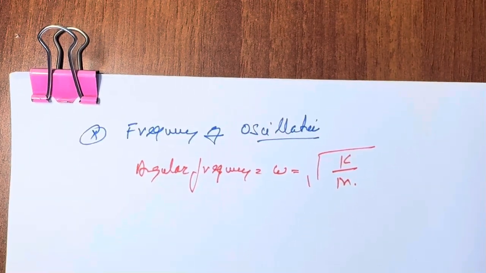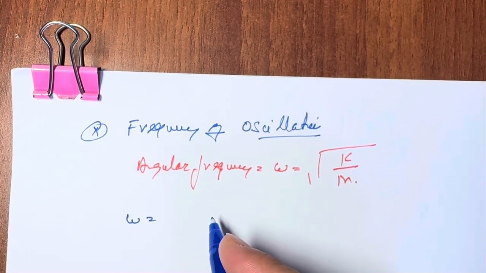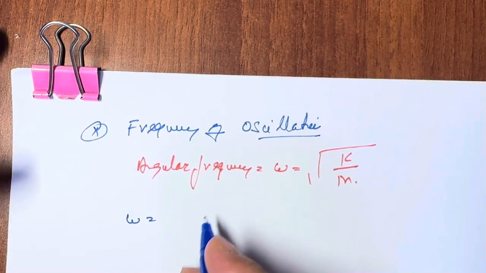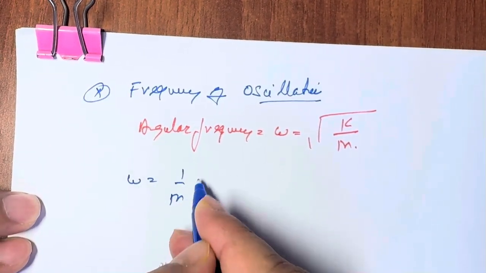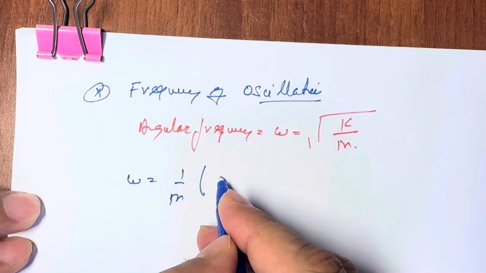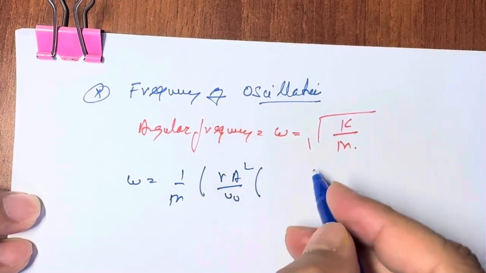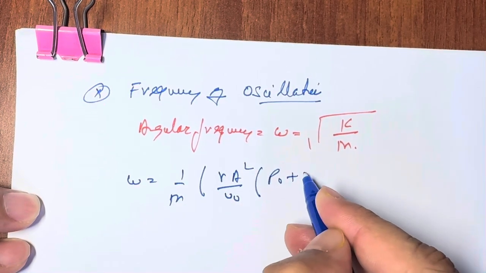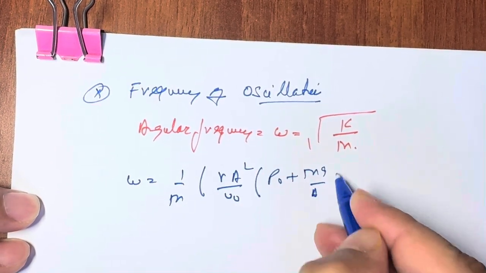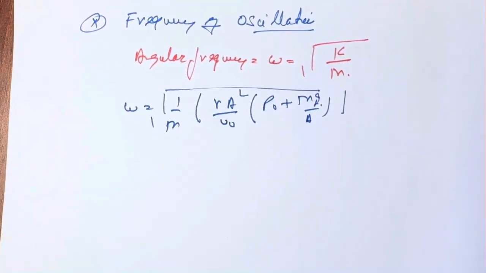So therefore we substitute the value of k, and we get omega as the square root of 1 upon m times gamma A square upon V naught times P naught plus mg upon A.